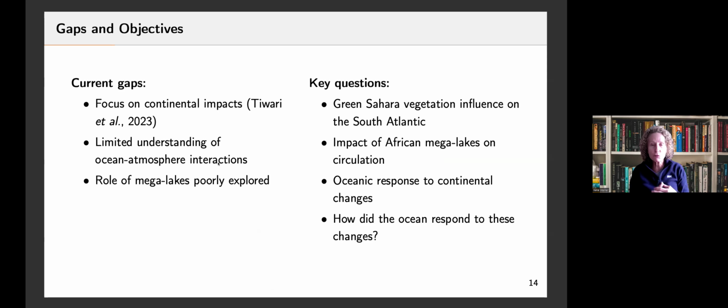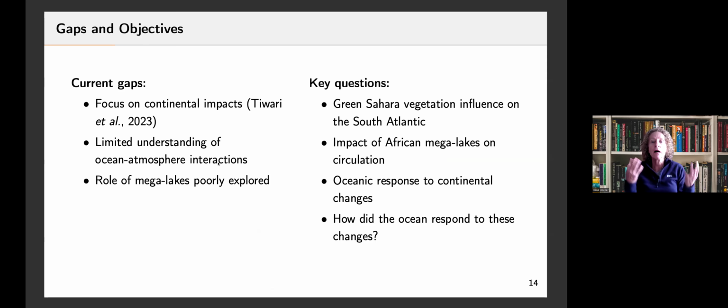The North Atlantic is warming up, and we're getting more rain in the Sahara region. Will that influence the South Atlantic circulation, and the impact of the megalakes on the circulation, and does the ocean respond to continental changes? This is also, at least for me, an issue that was not clear.